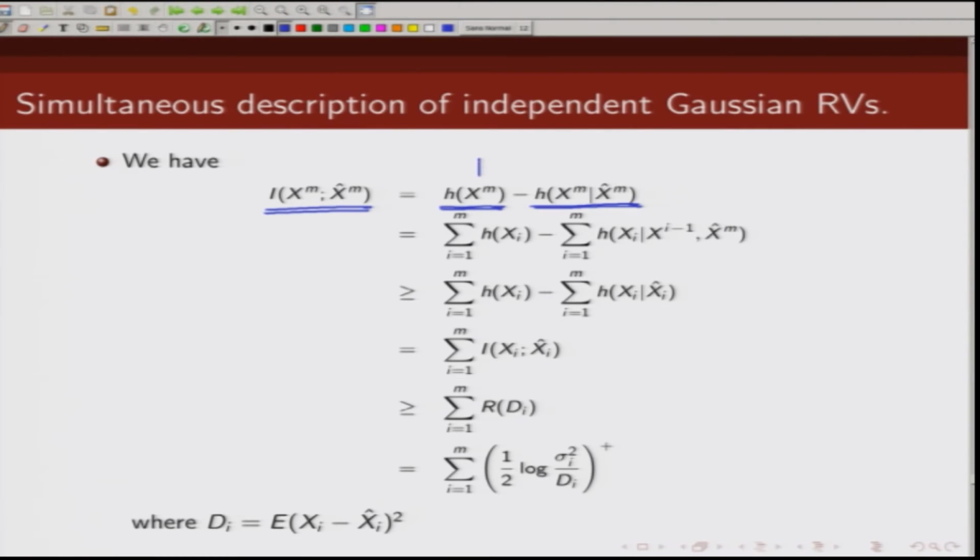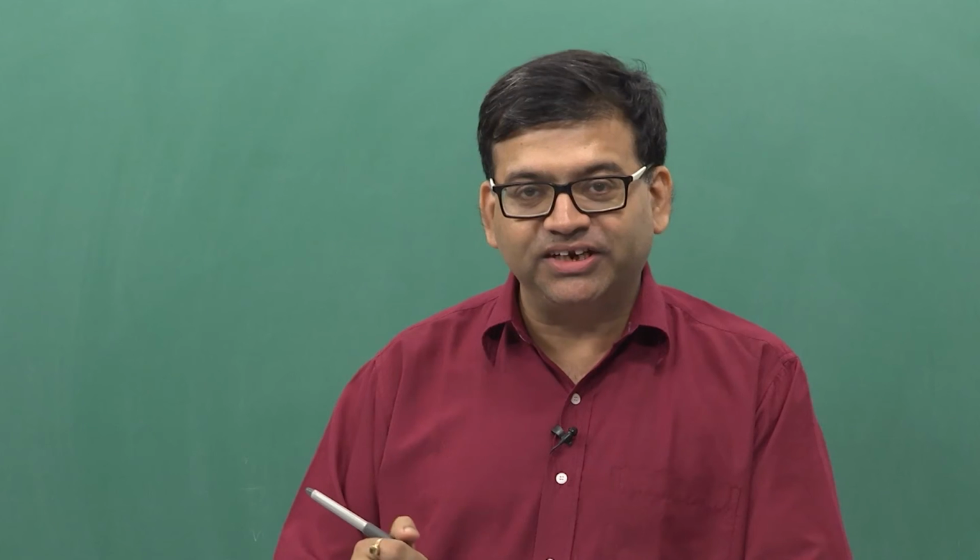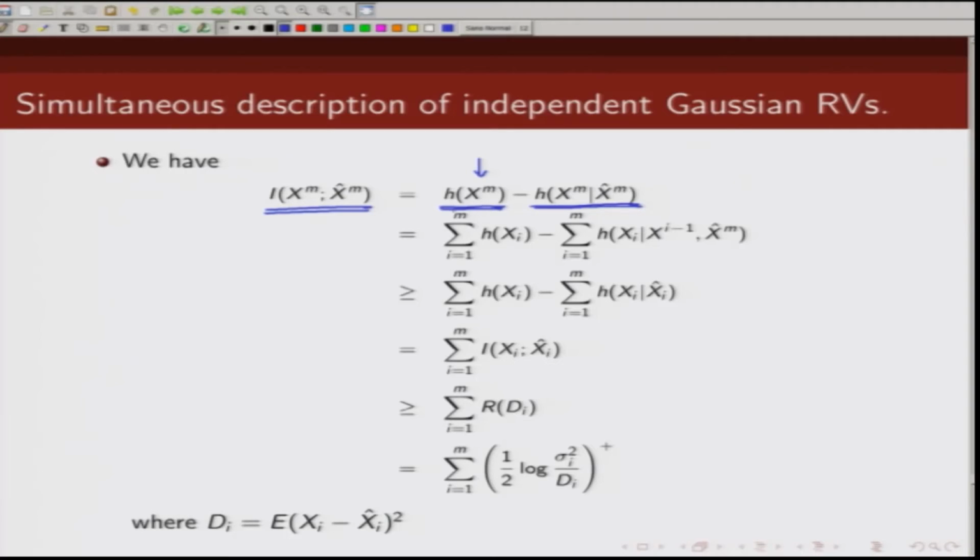Now x1, x2, x3 are independent, right? So we can write the differential entropy h of x^m as h of x1 plus h of x2 plus h of x3 up to h of xm. So this term can be written like this.